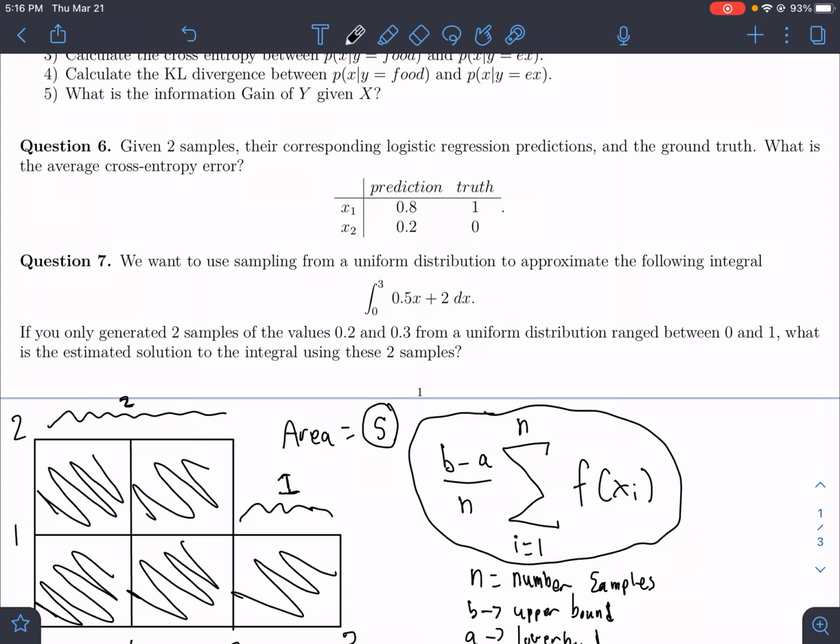Now, the catch that I'm trying to convey is here. We sampled from a uniform distribution between 0 and 1. So we need to scale the samples that we got so that they fit the range of the integral.